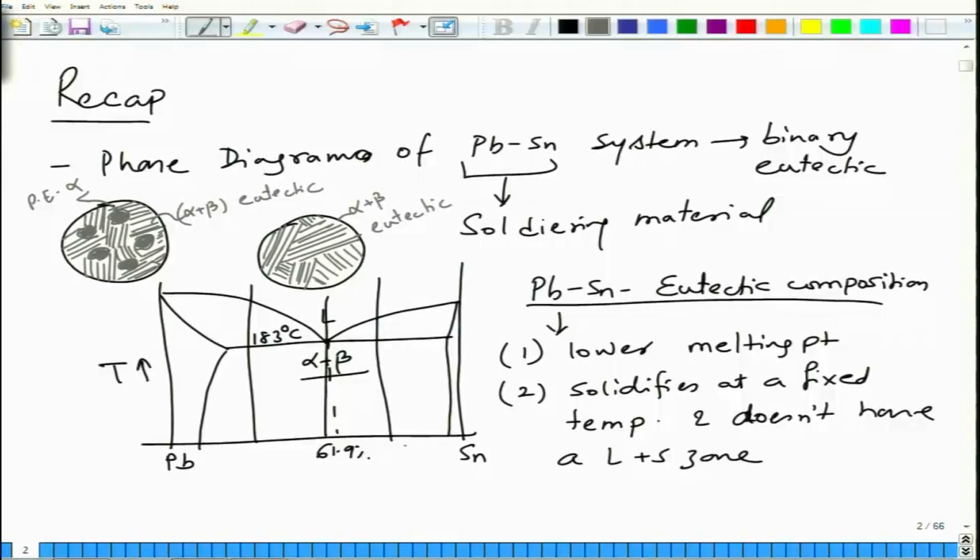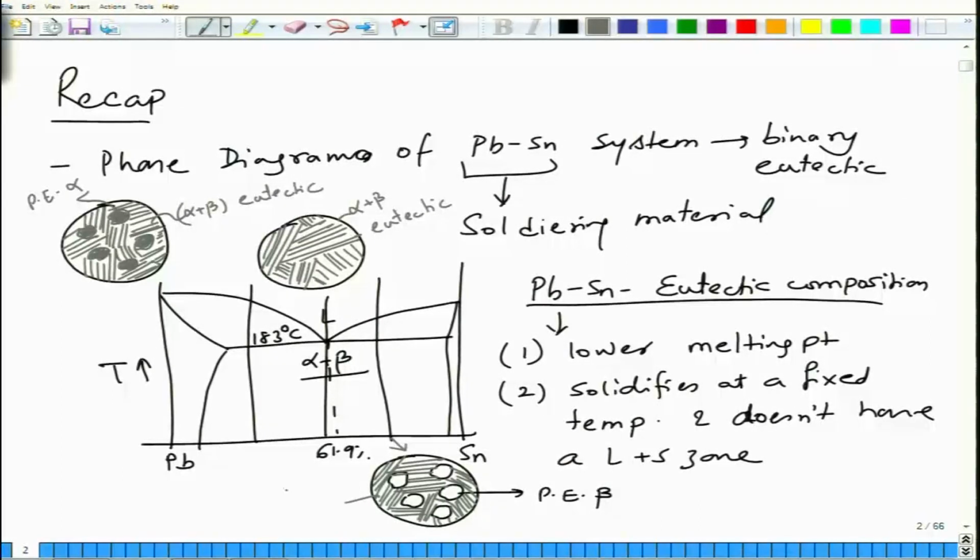And then third composition that we took was this hypereutectic composition, for which we had crystals of let us say beta, and these proeutectic beta, and this is surrounded by your eutectic mixture of alpha and beta.